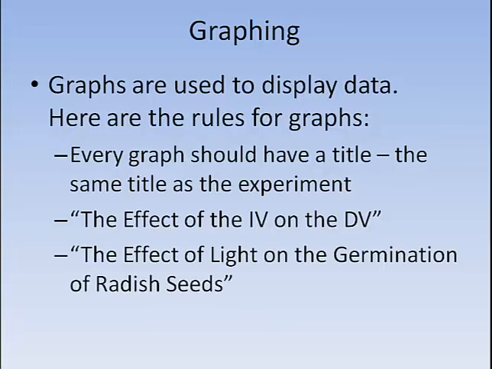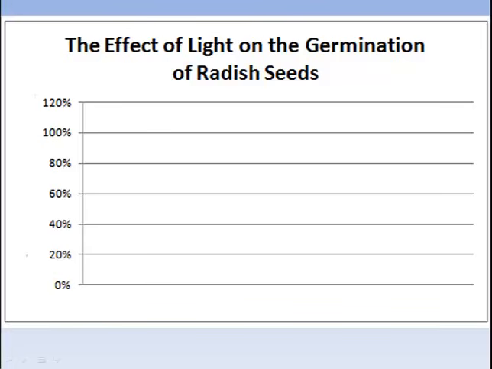So in this particular experiment, our IV is light, so we're going to put the effect of light, and our DV is how many seeds germinate, so we're going to put on the DV, which is germination of radish seeds. So here is our graph with our title.